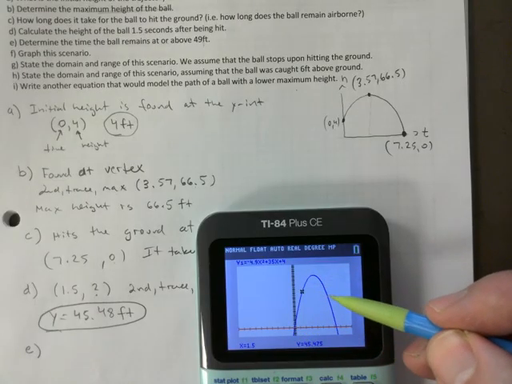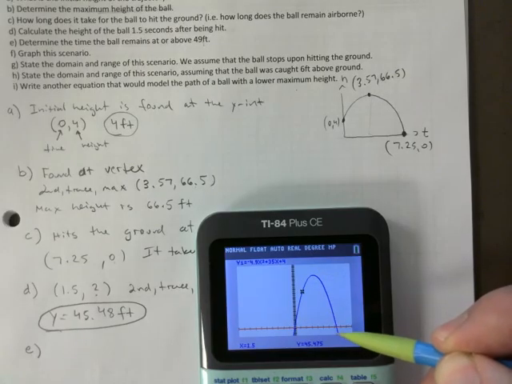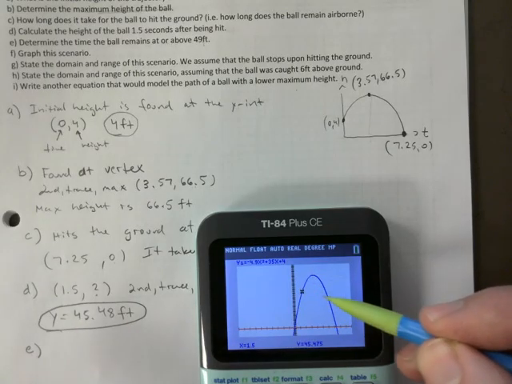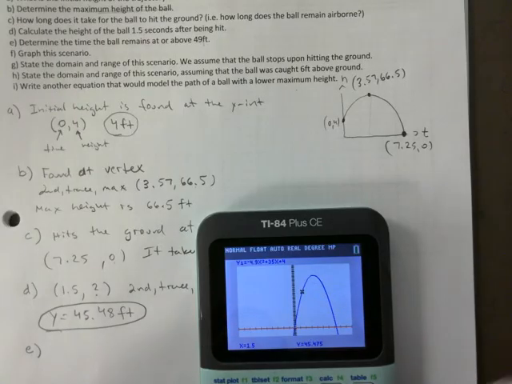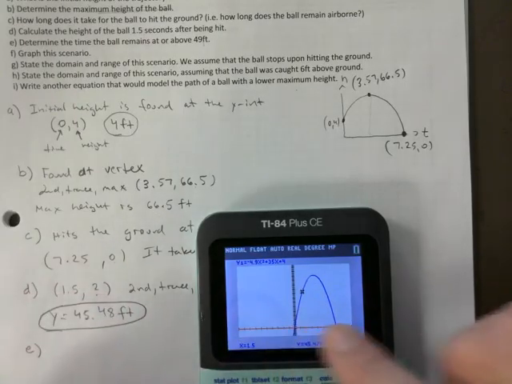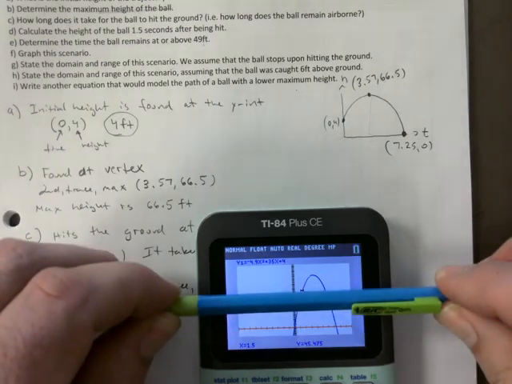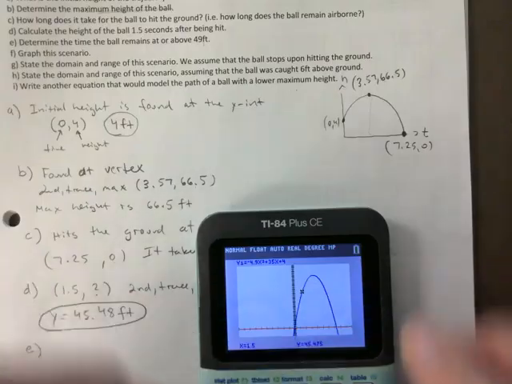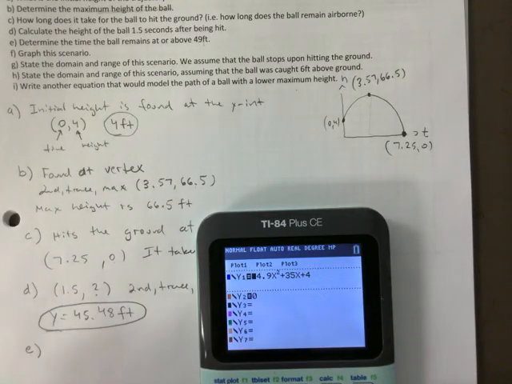We would just figure it out by knowing how long, right? This is 7.25 right here. We want to know how long it stays at or above 49. So watch what I'm going to do. If you look up here, I'm going to take this red line and bring it to 49, to have that mark where the 49 feet mark is.